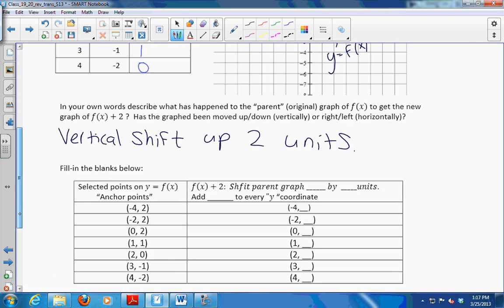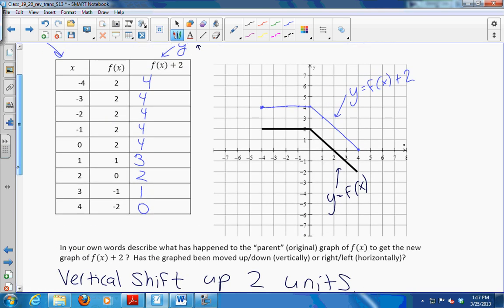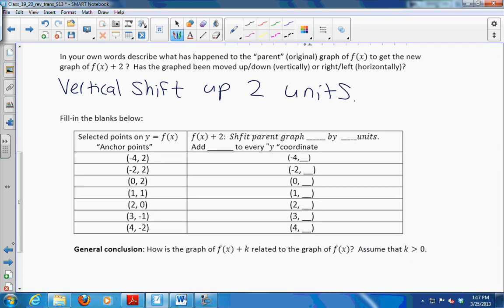Another way to look at this, instead of doing a table, is to look at certain points. We'll pick a few anchor points from the original graph and look at what happens to them when I add 2 to every y.